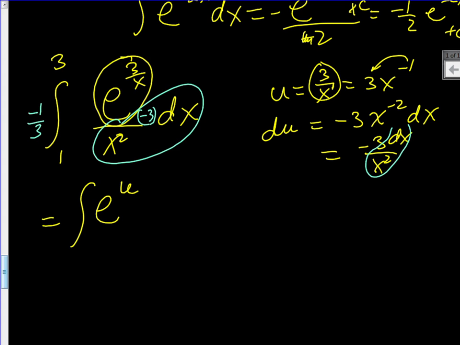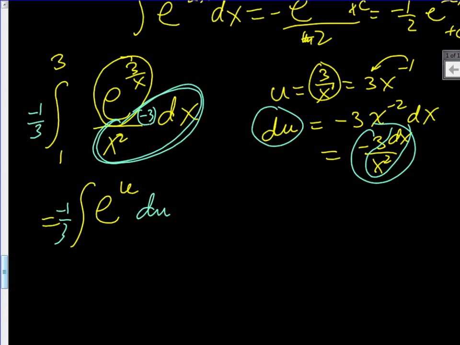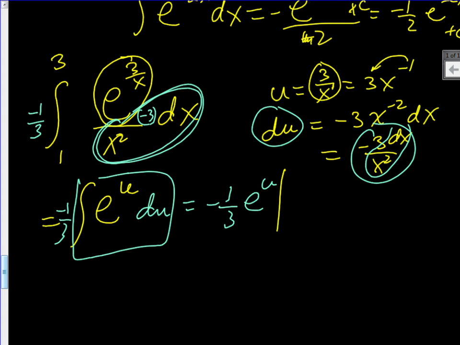So there's the constant in front. What's in the blue here is this, which is du. Ooh, that's perfect. Negative 1/3 times that integral. That integral is e to the u. Oops, I was going to write plus c, but now we have to evaluate.